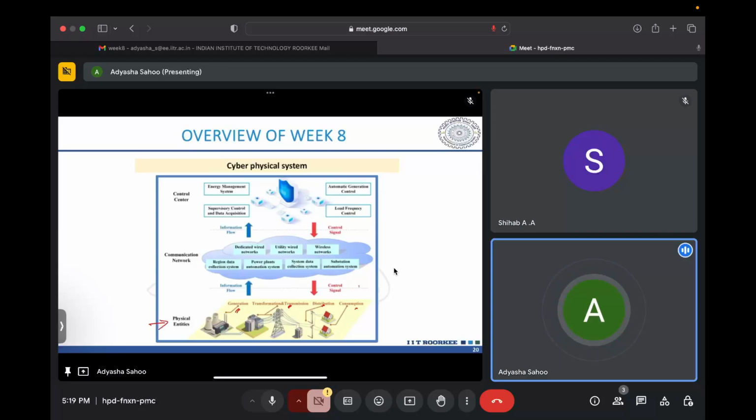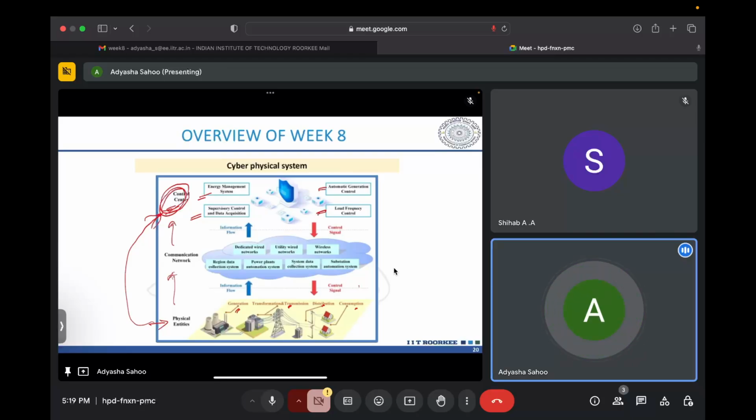Now, the control center is where you have your EMS, energy management system, SCADA system, and load frequency control, AGC. All these power system computations are carried out at the control center. So the physical amenities are communicating with the control centers through this communication network.